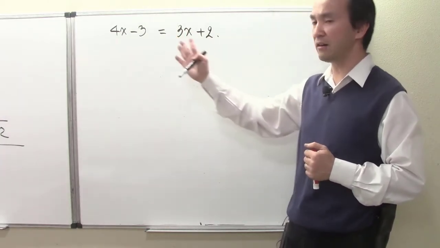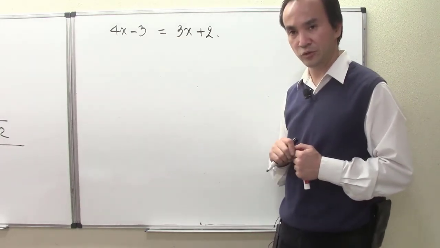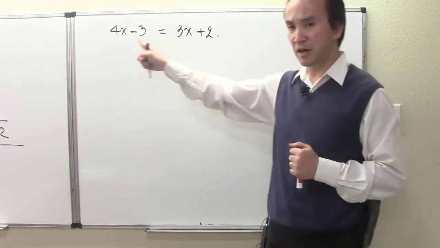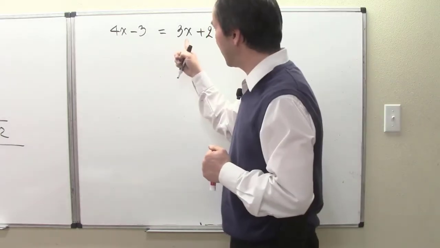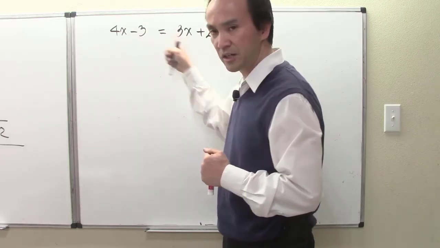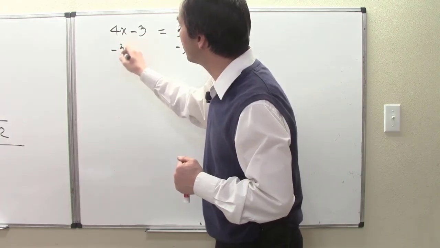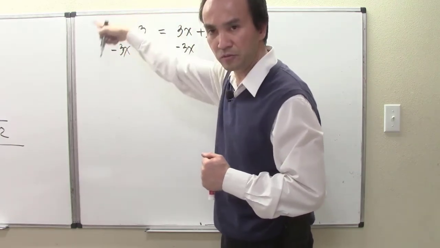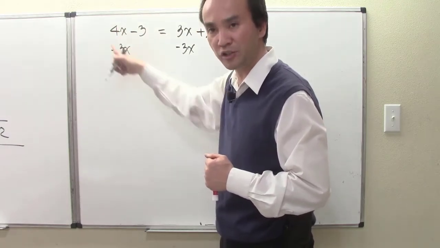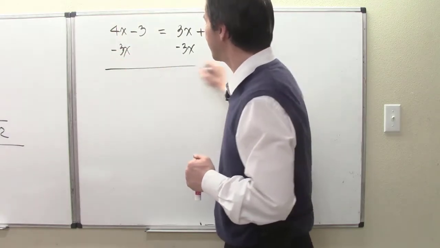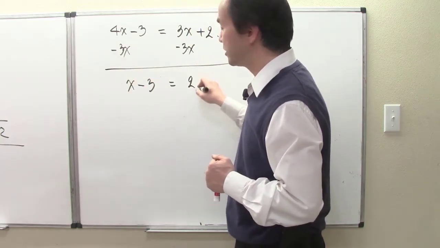Now this equation is very simple to solve. I'll take my route, and you can take your own route of solving it. I decide to bring the 3x term to the other side by subtracting it from both sides, and combining like terms on the left-hand side, we make a positive x term. That leaves x minus 3 equals 2.